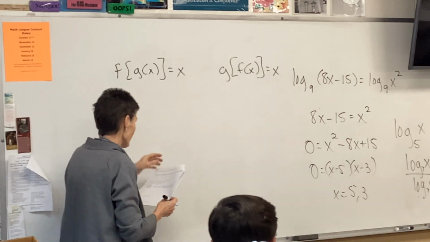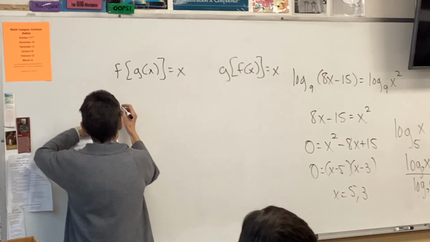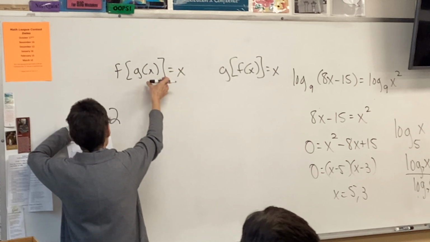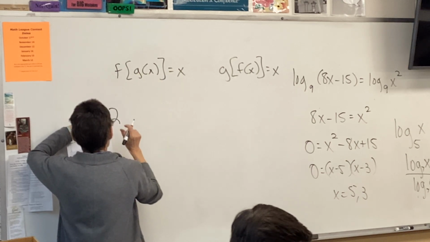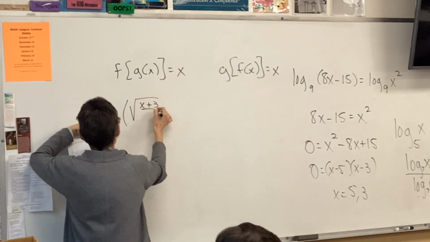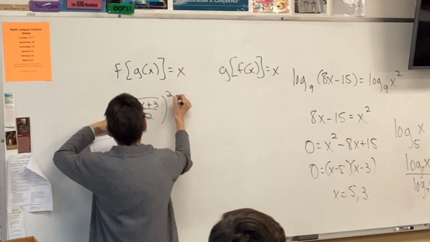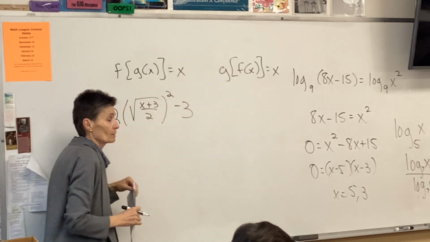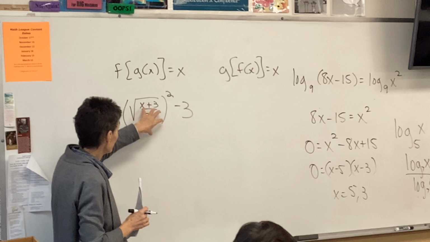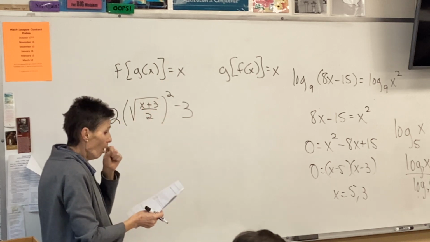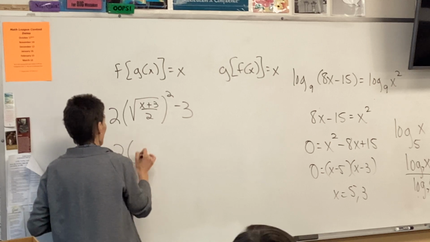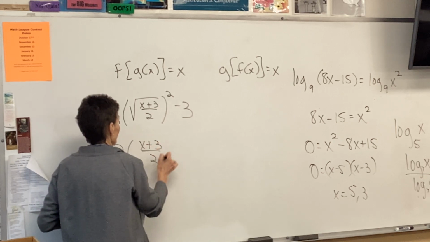Okay, so what are my functions? This one first, so I plug g into f. 2 times the square root squared minus 3. So what have I got? 2 times x plus 3 over 2.